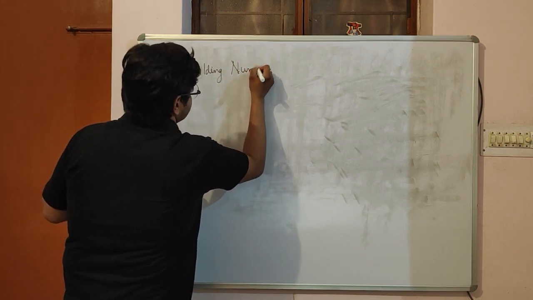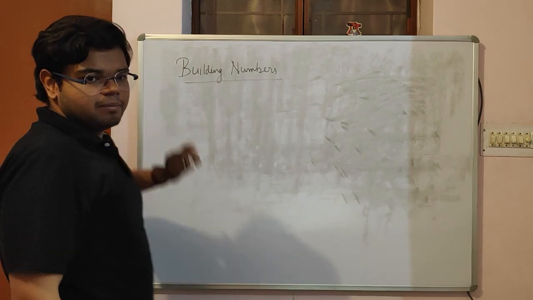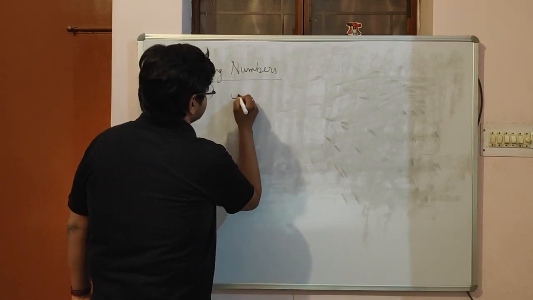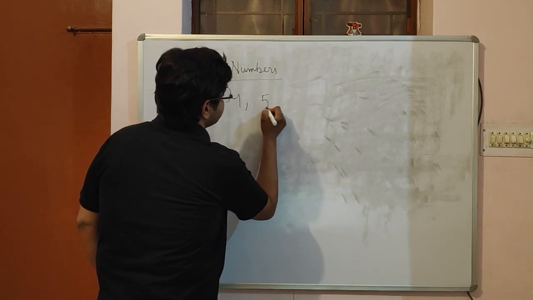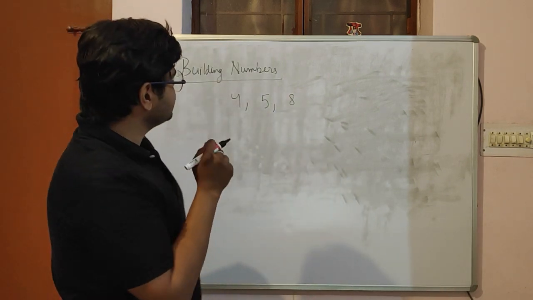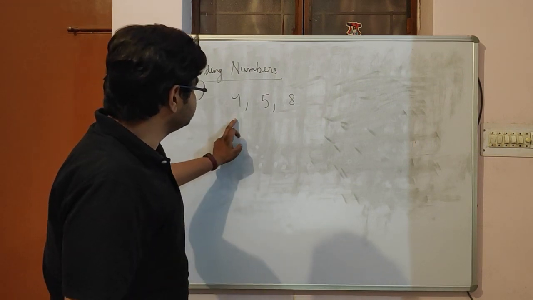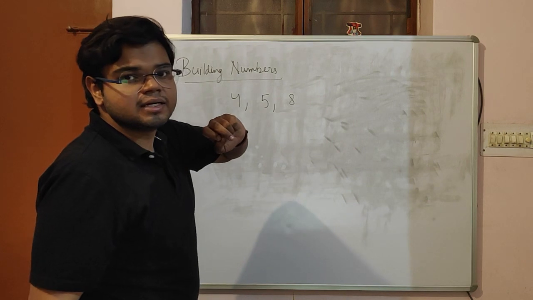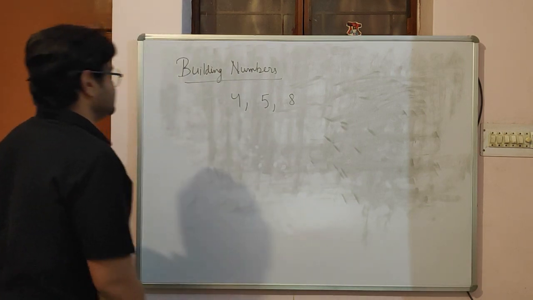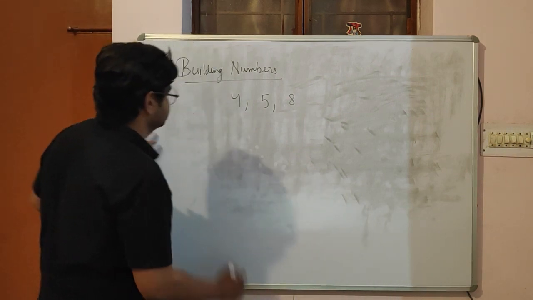And now the topic suggests itself, how can we build numbers? So let us have 3 digits: 4, 5, 8. And how many 3-digit numbers can we make from these 3 digits without repeating the digits?